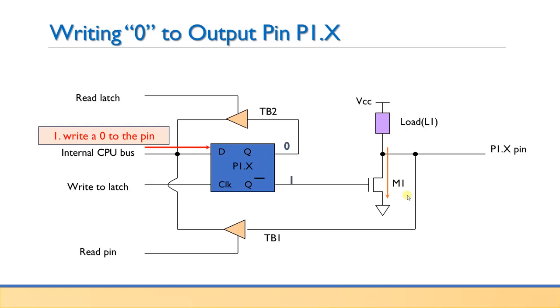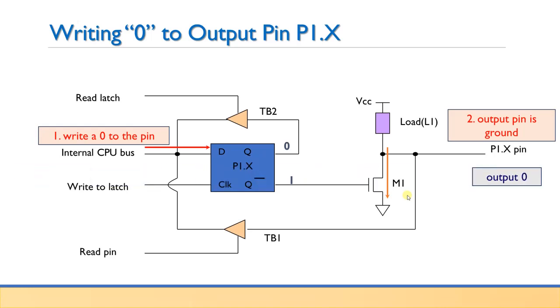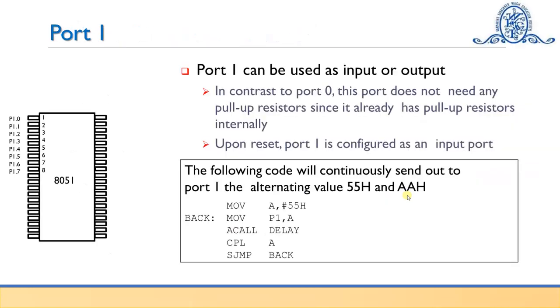Now as it is conducting, operating as a switch, it is directly connecting ground to this point. So the pin is connected to that point, which is now as good as grounded. So the output pin is connected to ground, and I can say that the output will be 0. So when I write 0 to the D pin of the flip-flop, the output becomes 0.